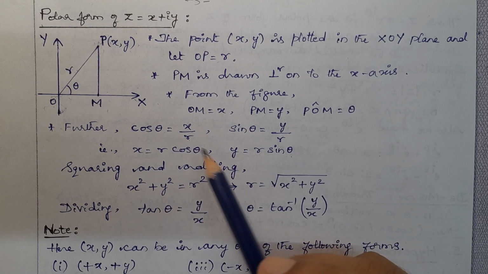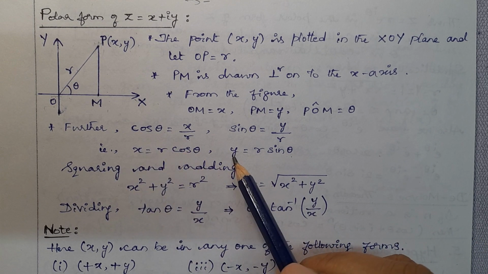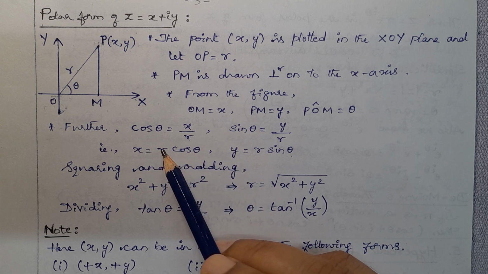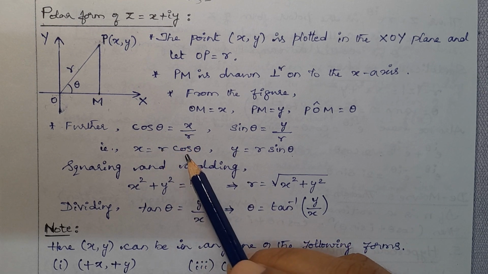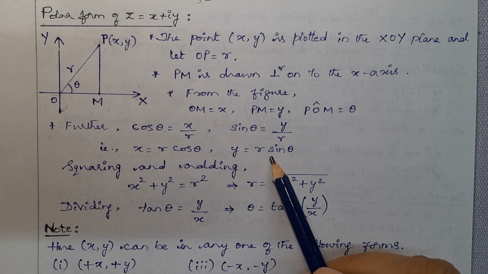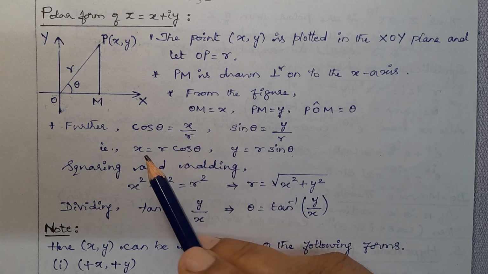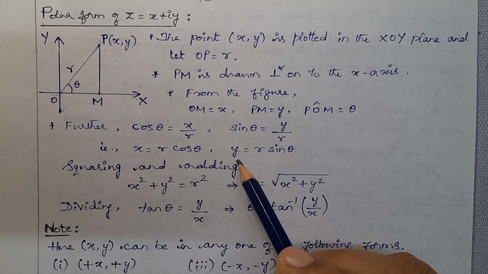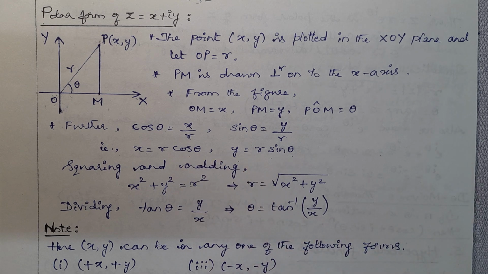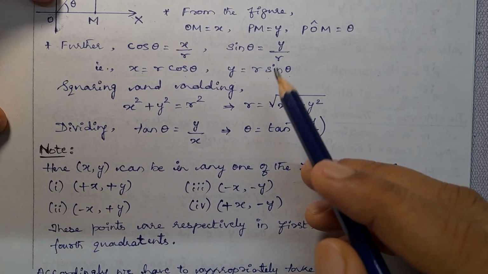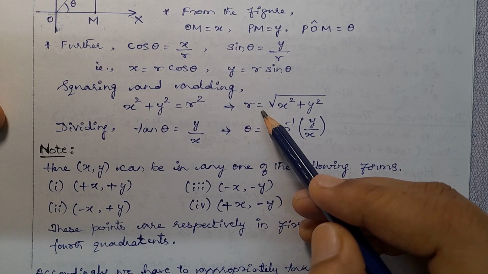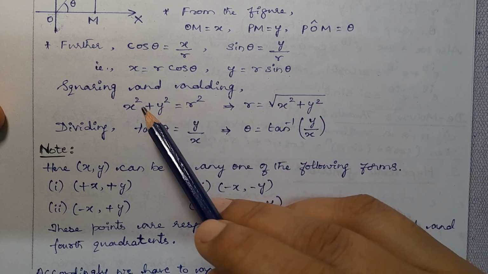Squaring and adding, x square plus y square equal to R square into cos square theta plus sin square theta, which is 1. So x square plus y square equal to R square. Next, R equal to square root of x square plus y square.